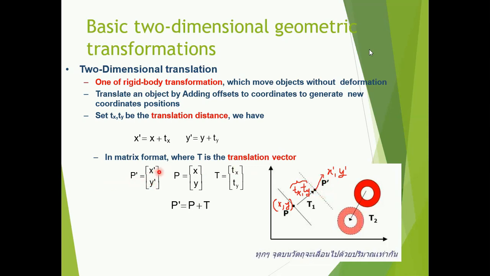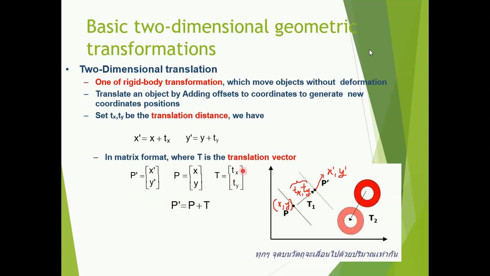P dash is equal to x dash in the first row, and in the second row y dash. This is the next column vector you have. And t is the displacement, or you can say the translation vector or shift vector. So t is equal to tx and ty, also another column matrix. This is how you represent a two-dimensional translation equation in matrix format.